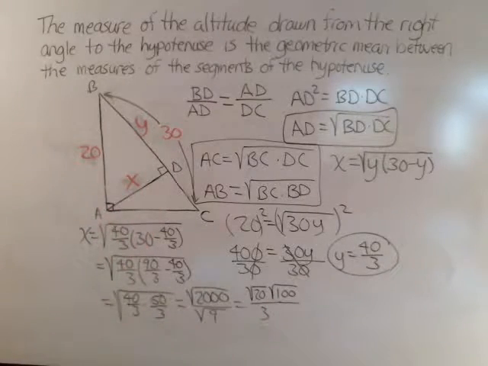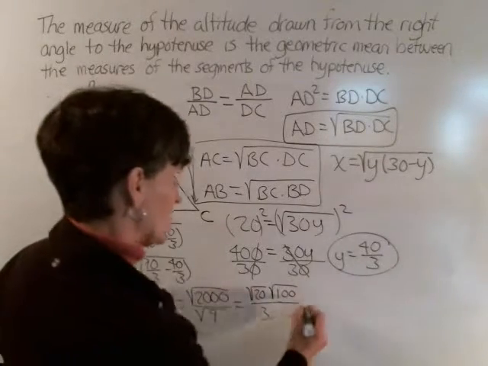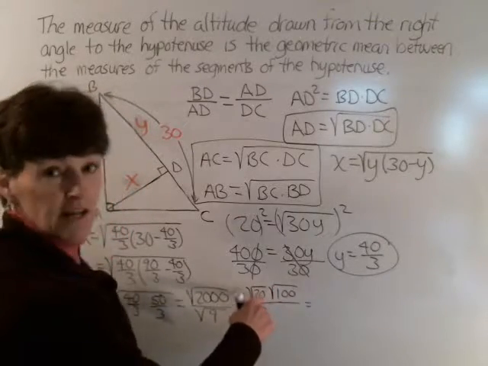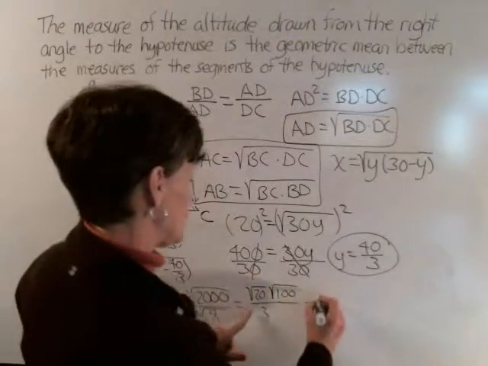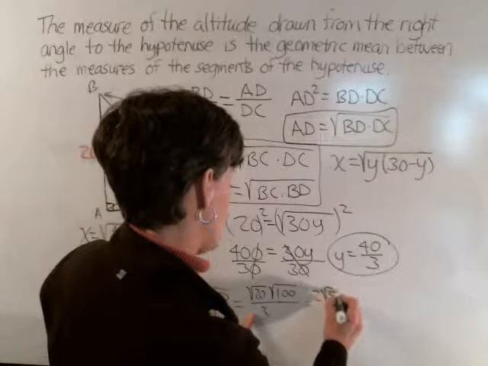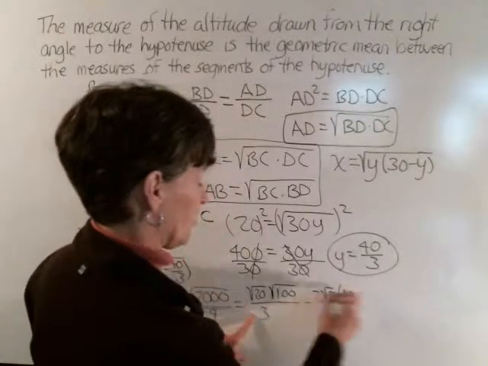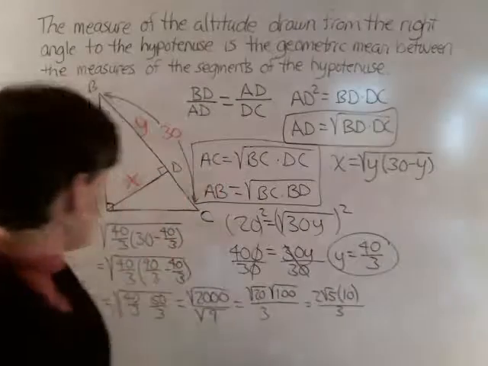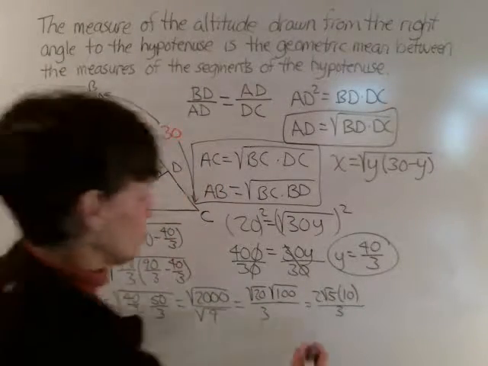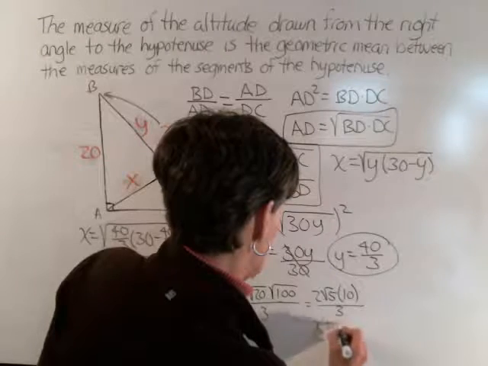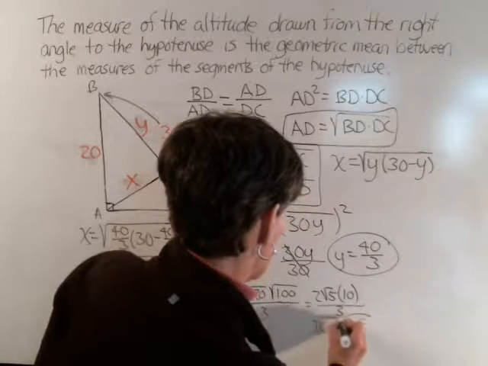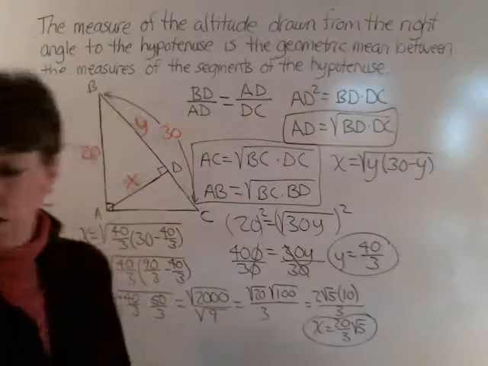Now, I can take the square root of 100. 20 I can also break down into 4 and 5, and I can take the square root of 4. So 20 becomes 2 times the square root of 5. The square root of 100 becomes 10, and I have this 3 on the bottom. So we see that then x is going to be 20 over 3 times the square root of 5.